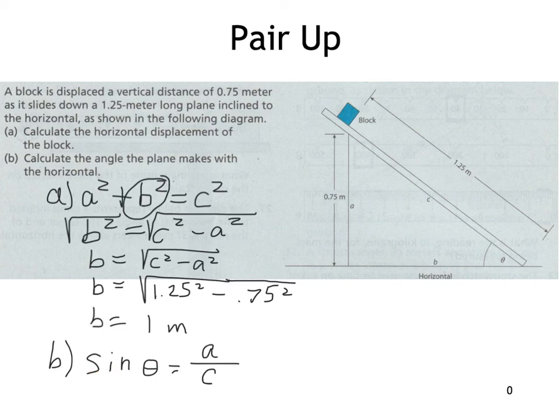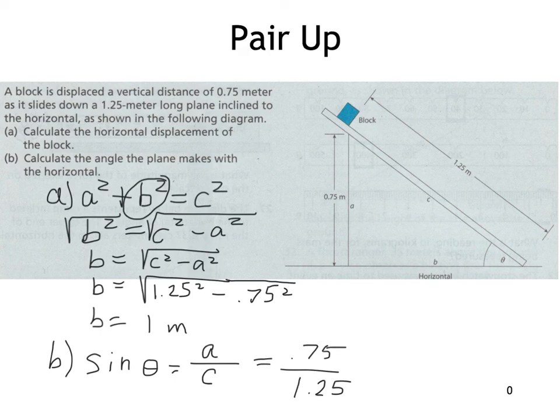I'll teach you how to do that. So basically, the ratio for A to C is going to be 0.75 over 1.25. So go ahead right now, pause the video, and put that in your calculator and get your decimal response.